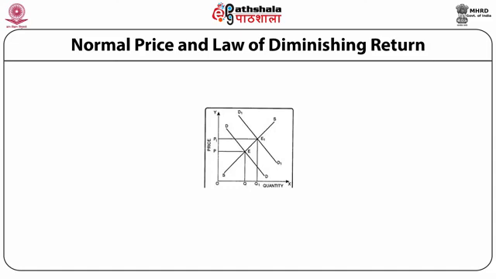To produce OQ1 more quantity, cost increases, and price is raised to OP1 from OP. So, it is observed that under the law of diminishing returns, with the rise in demand, price rises, and with the fall in demand, price falls.